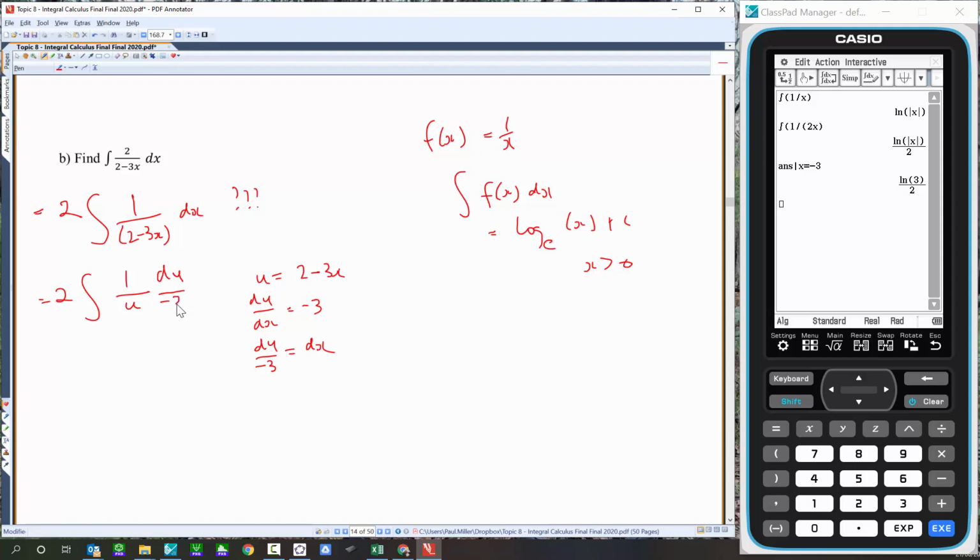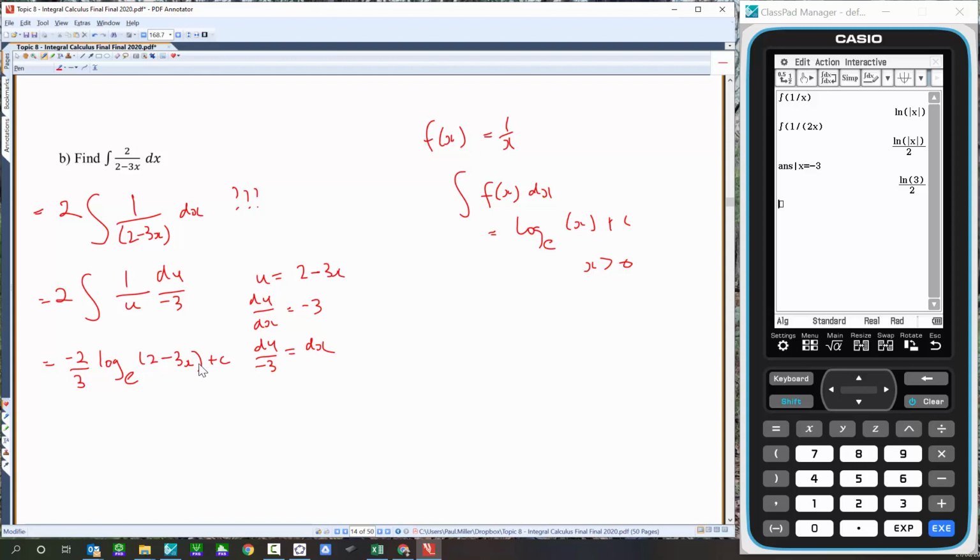u over -3. All right, so now all I'm going to do is take that 1 over -3 and stick it out the front. That's going to be -2/3. Now I'm going to integrate 1 on u, which is log e u. Now u is equal to 2 take 3x, so I'm going to write that as log e of 2 take 3x plus c.